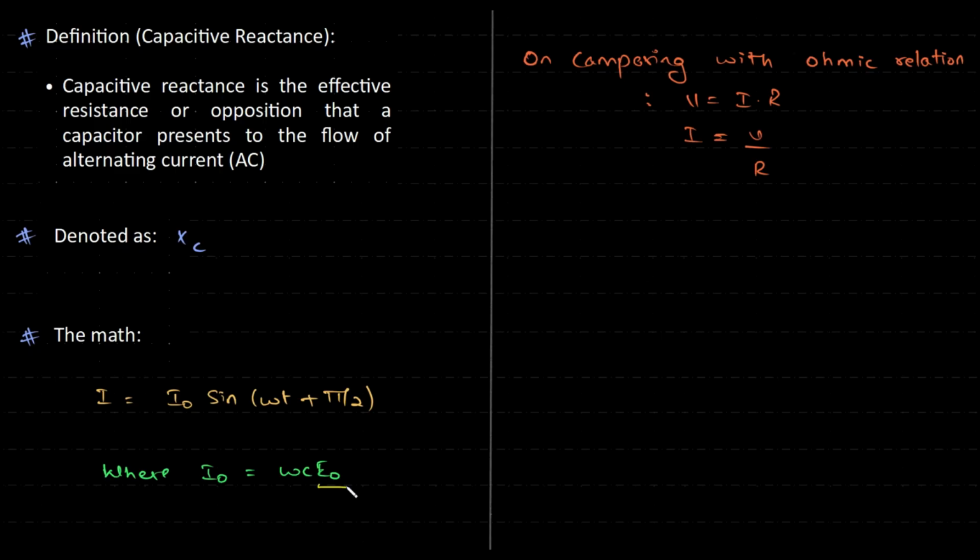We have V to be this, and R will be equal to 1 by omega C. And that is nothing but your XC. As simple as that. Of course, this can be further written as 1 by 2 pi FC. That is your capacitive reactance.